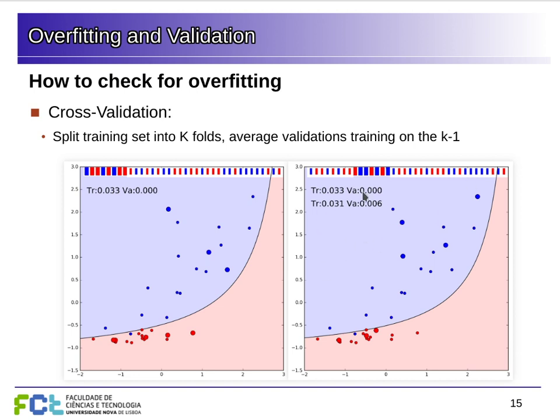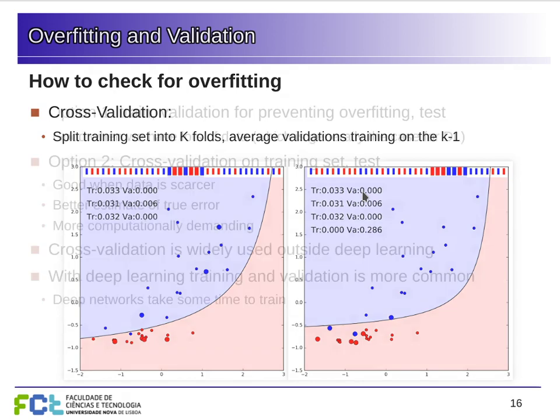And I can do this k times. So if I have k folds, for example 5, I do k trainings, and for each training I use k minus 1 folds for training and the one left out for validation. Then I average everything out, and I have a good estimate of what the error is outside the training set.